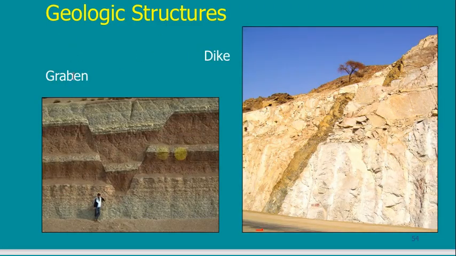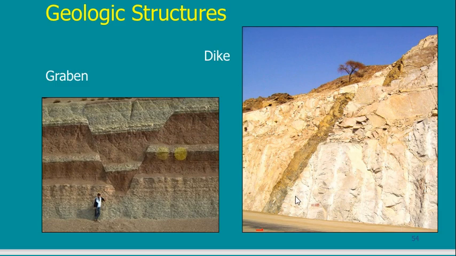Geologic structure, we have something called graben. Graben is more or less a fault, or you can call it a double fault. It is a fault happening here and another fault happening in the opposite direction. So this piece falls down and these pieces on the right and left stay in place.